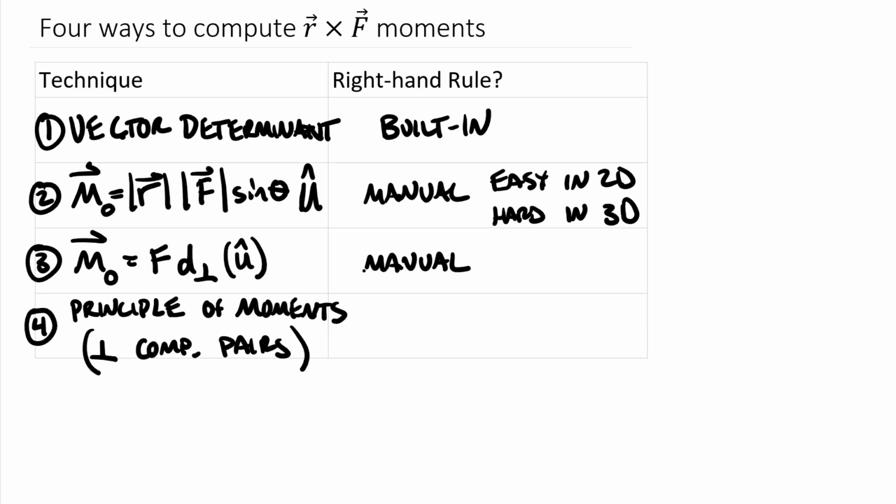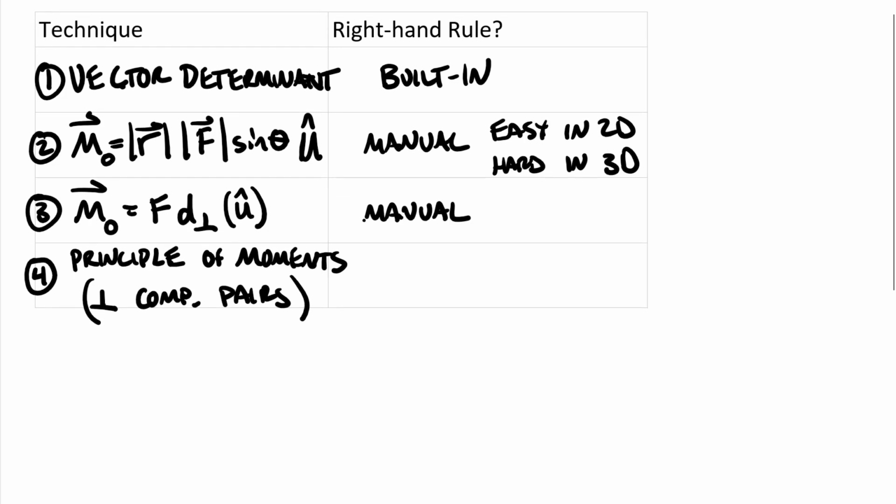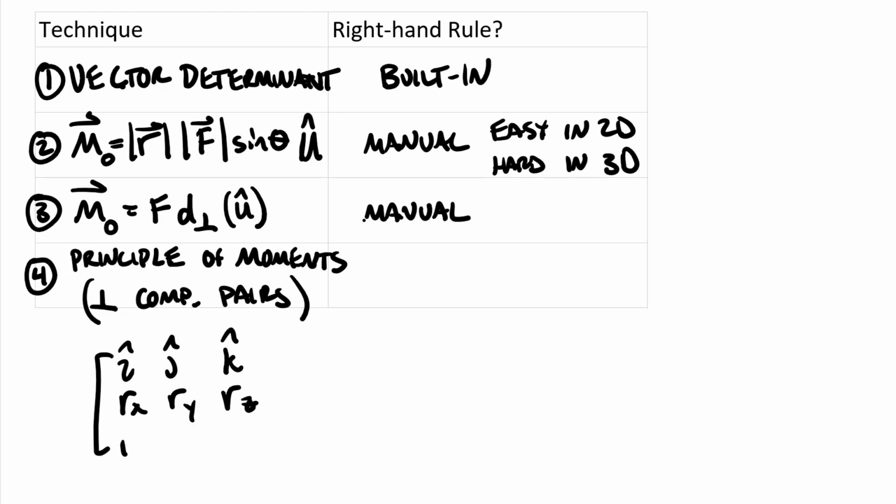Because we know that all the parallel pairs... say, if I write out my determinant here, let me use a determinant to write out these different components, i hat, j hat, and k hat, Rx, Ry, Rz, Fx, Fy, Fz.